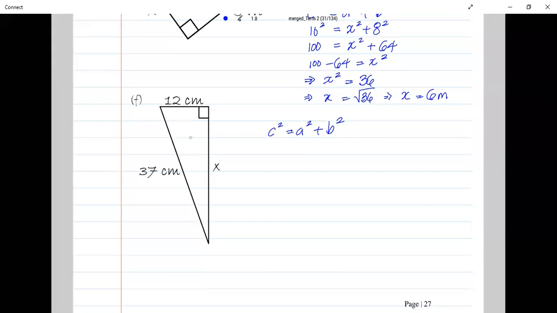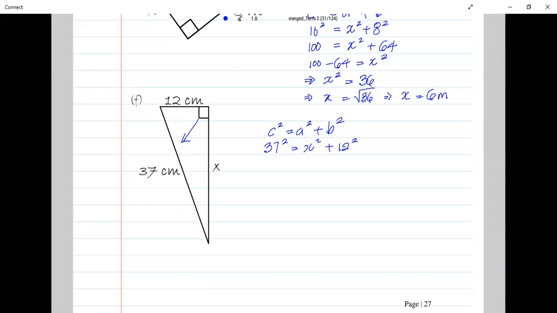Now, the hypotenuse is the side that is in front of the right angle. So in this question, the hypotenuse is 37. And so 37 squared is equal to X squared plus 12 squared. So 37 is the hypotenuse, and X and 12 are the other 2 sides.